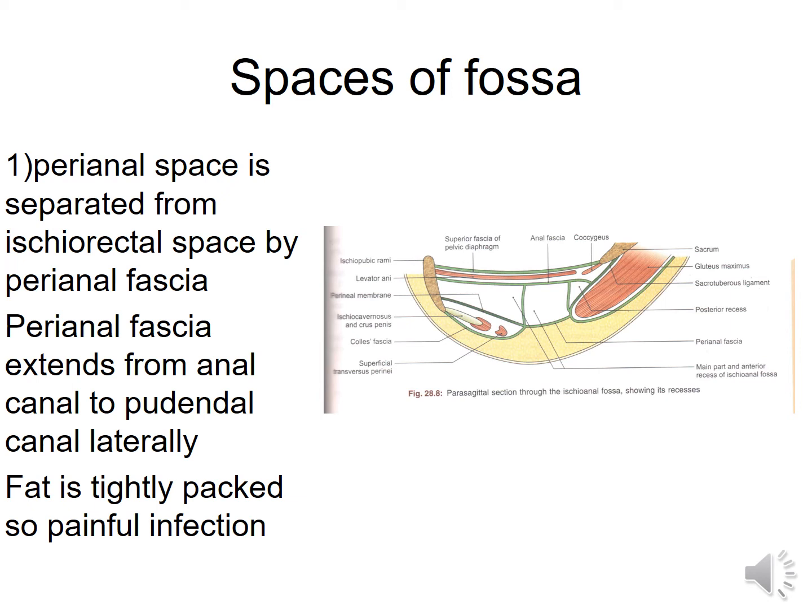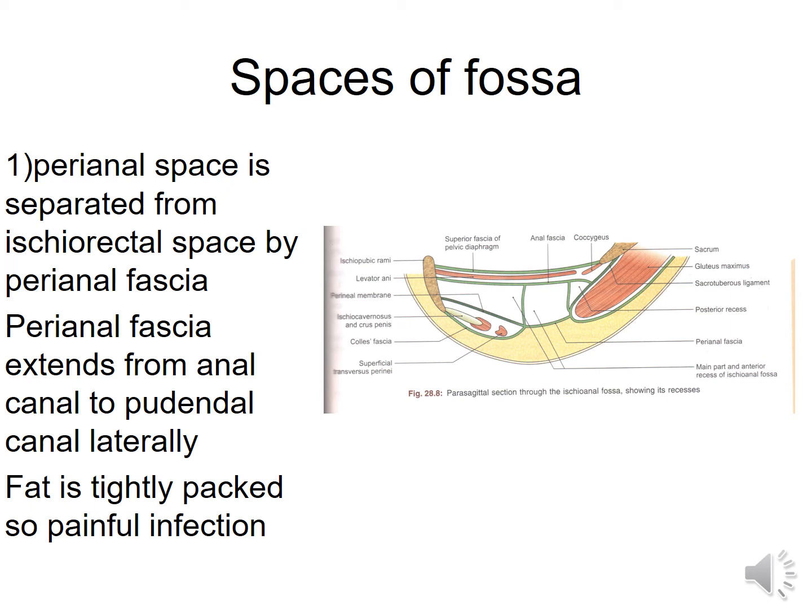But the perianal fascia, it extends from the longitudinal coat of anal canal, lower end of longitudinal coat of anal canal, and it extends medially. Basically, it is extending medially, that is from the anal canal or from the white line of Hilton to pudendal canal laterally. Right, so this is the perianal fascia. And why it is important?